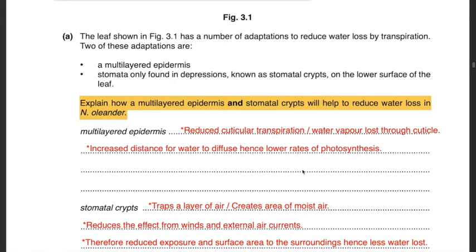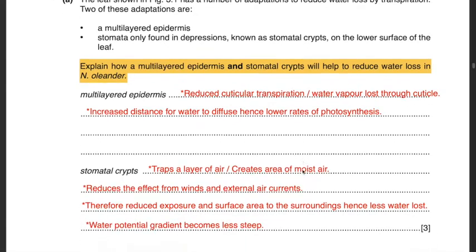Oleander. Multi-layered epidermis. Presence of multi-layered epidermis helps in reduced cuticle transpiration, that is, water vapor lost through the cuticle is reduced, as well as it leads to increased distances for water to diffuse, hence there would be lower rates of photosynthesis, and that is how it helps to reduce water loss.